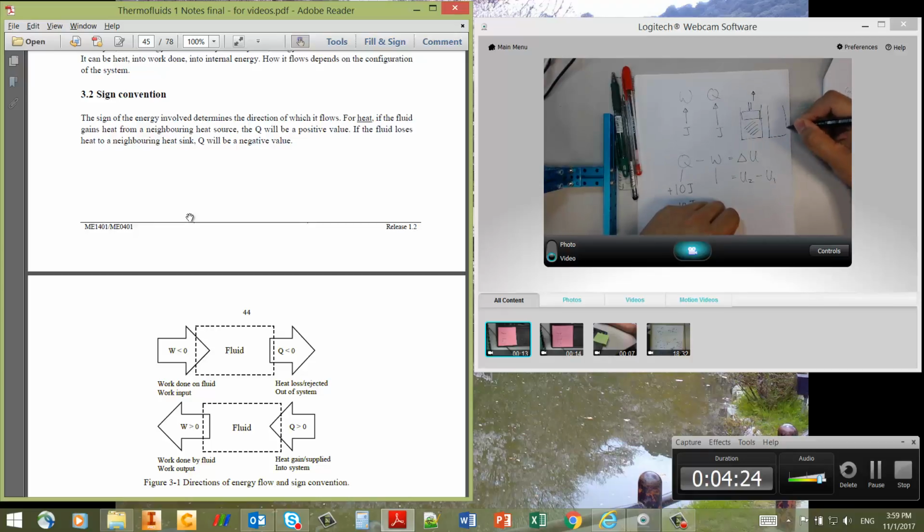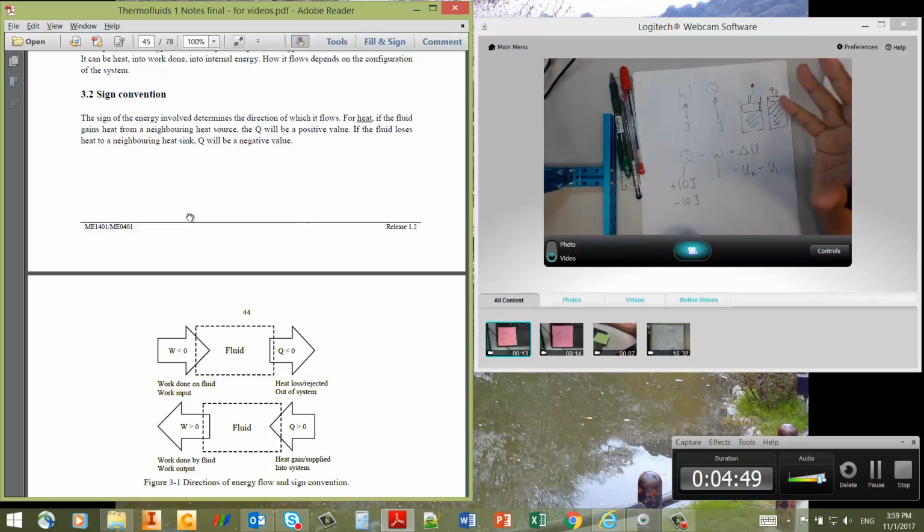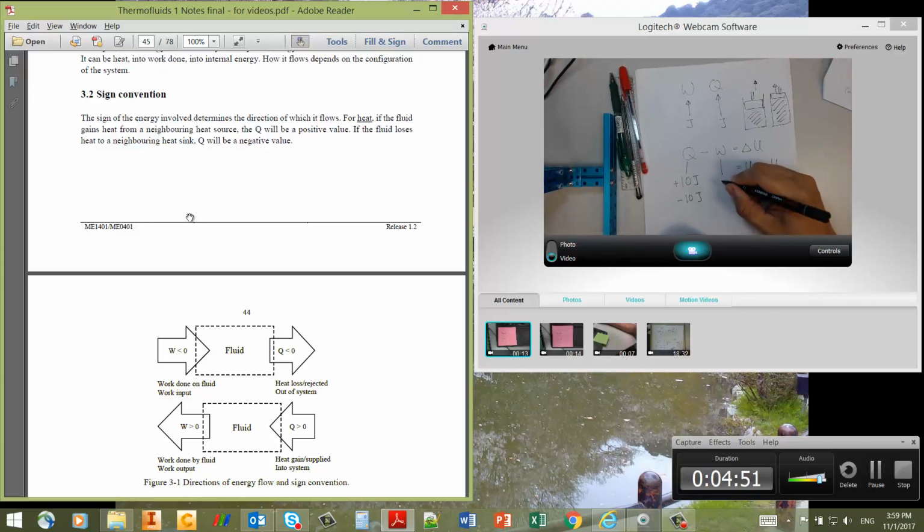Because of this, the volume in the cylinder increases, so this is an expansion. In fact, the air is doing work. So this is called work done by the fluid, and it is positive. Let's say it moves the piston up and does a work of 10 joules. So work done by the fluid will be positive.